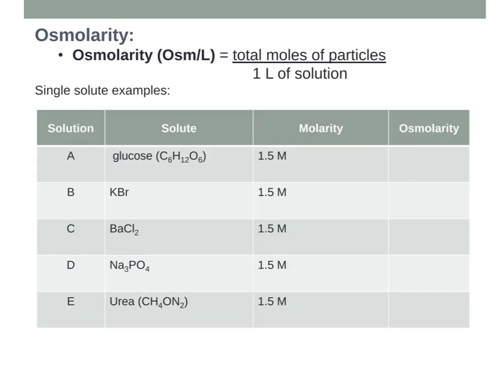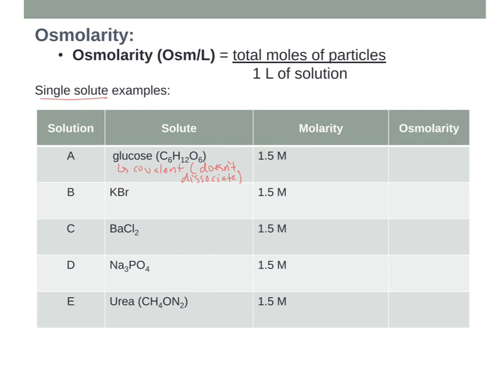So let's take a look at 5 examples here, right? For this first one, I've got solution A, which just has glucose. So I'm looking at single solute examples, and I want to know what the osmolarity is of these solutions. The important thing to notice here is that glucose is covalent, which means it doesn't dissociate.